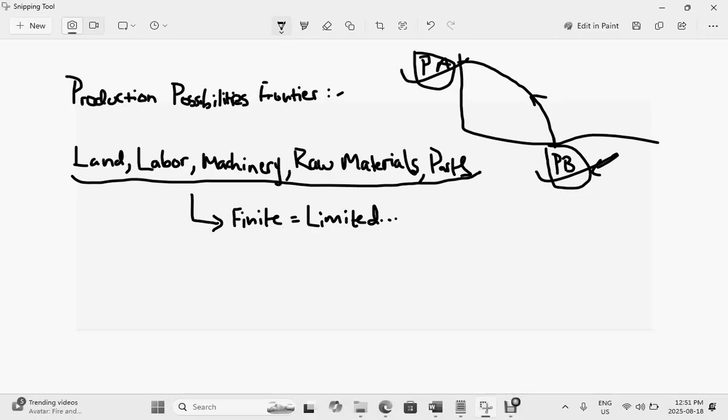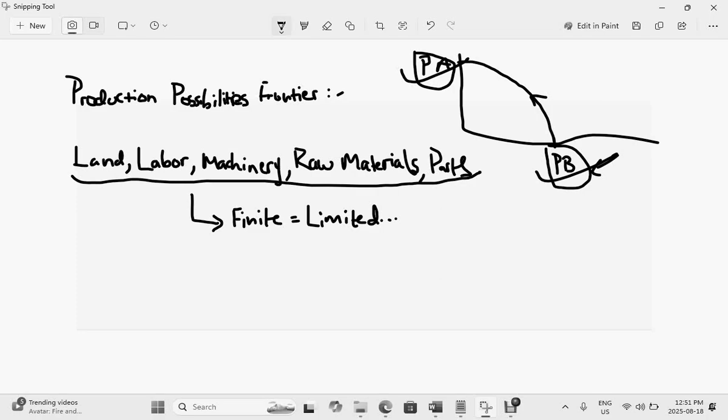So if these two products are substitutes, let's say for example two soda drinks, you can only produce one soda drink given the resources that you have: the factory, the land, labor, machinery, raw materials, and so on, and the amount of money that you may have at hand.